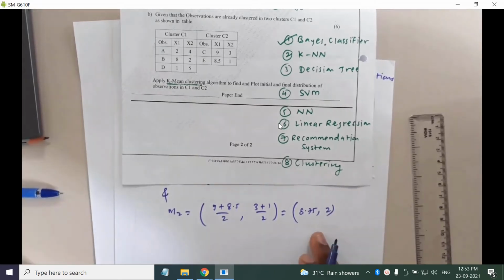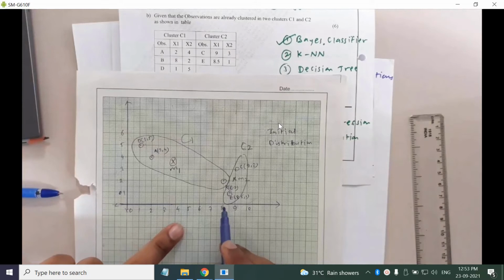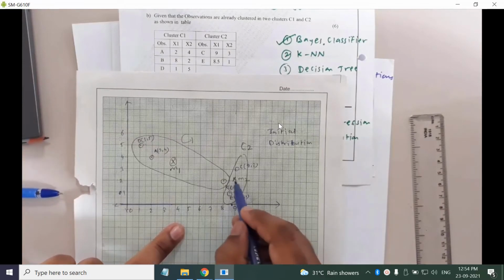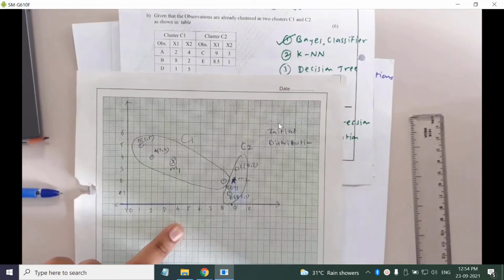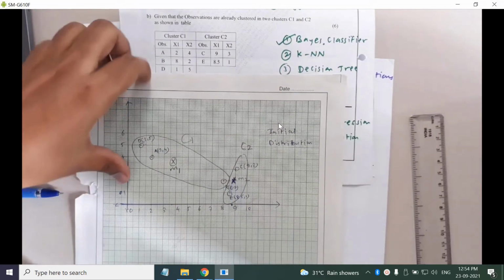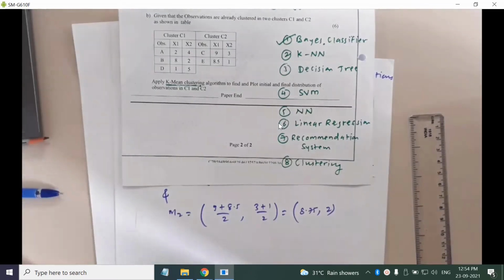So plot this point. 8.75 means this, and 2 here. So this is the centroid of cluster 2.